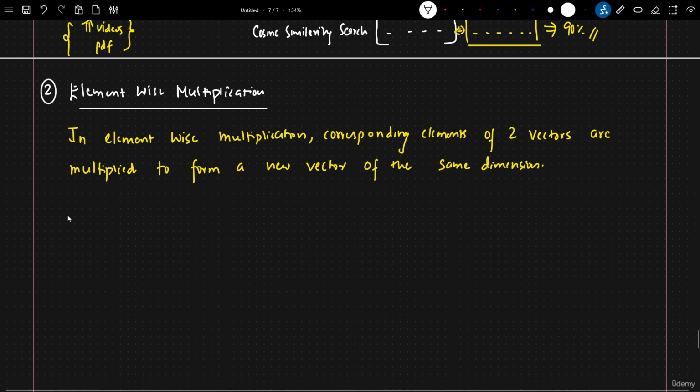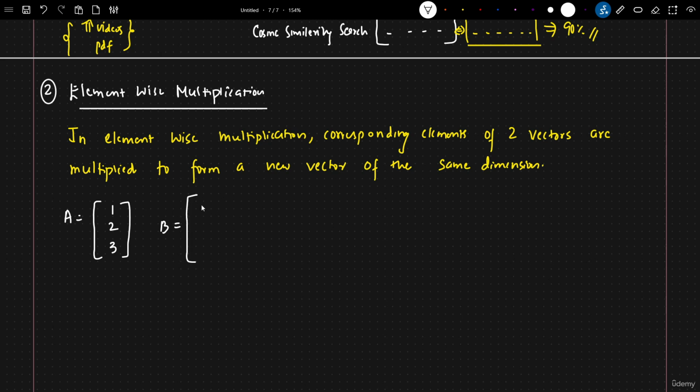Let us consider that I have a vector A. Let's say this is a 3-dimension vector. And this is B, which is also a 3-dimension vector. Let's say we write 3, 4, 5. Whenever we talk about element-wise multiplication, it is given by this notation.